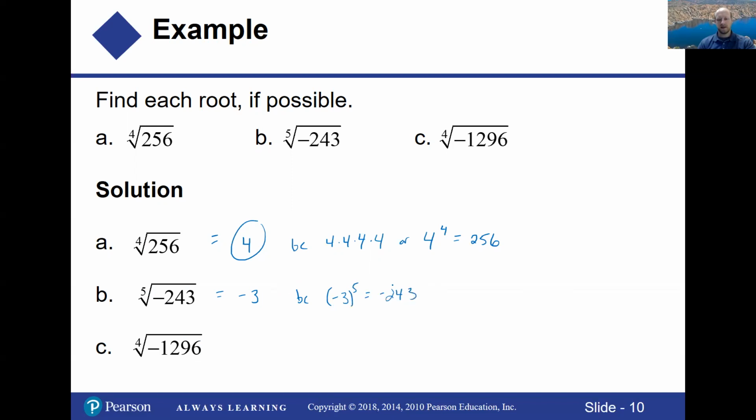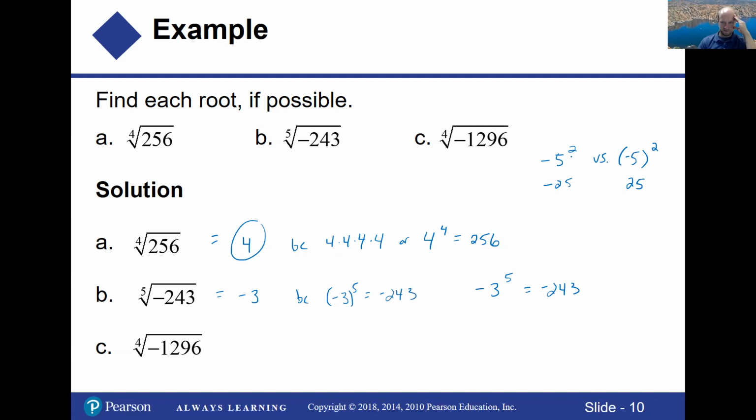You have to be careful with this, because if I have something like negative 5 squared versus negative 5 squared in parentheses, this one is negative 25 and this one is 25.